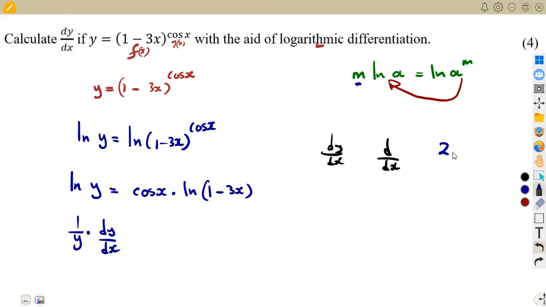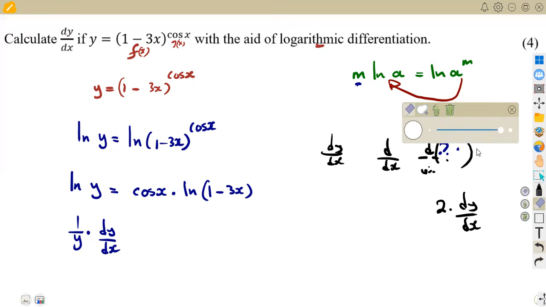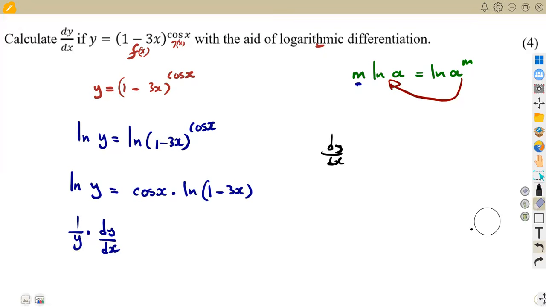If you are given 2y like this, and you're asked to find the derivative of y with respect to x, you differentiate this part, which is 2 times dy/dx. Since you are not having x, you just differentiate as it is, but don't forget to put what? dy/dx at the end. So that is what you're going to do on this part.